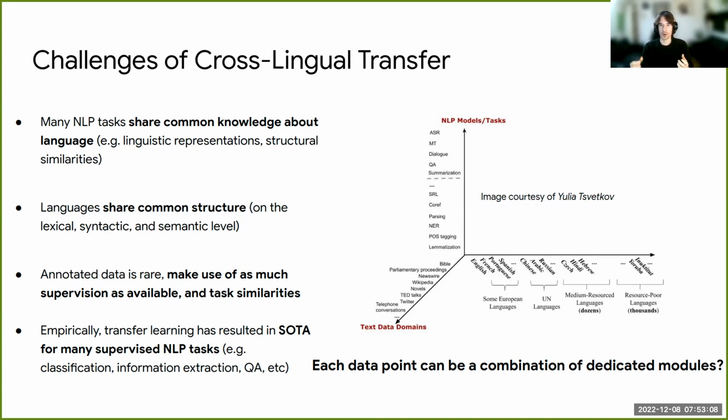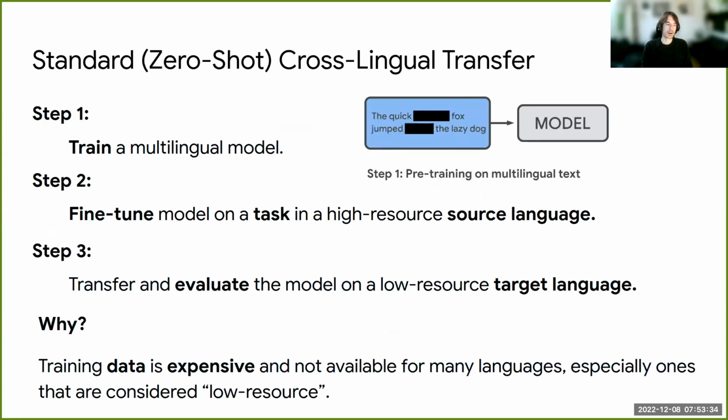If we have a module that covers tasks, a module that covers a language, and a module that covers a domain, we can aggregate or combine those modules to actually process a particular domain for a particular task in a particular language. So this is one of the main ideas of the modular design, and we'll see some of those ideas in practice for cross-lingual learning. Okay, so going back to cross-lingual transfer, which will be our first case study.